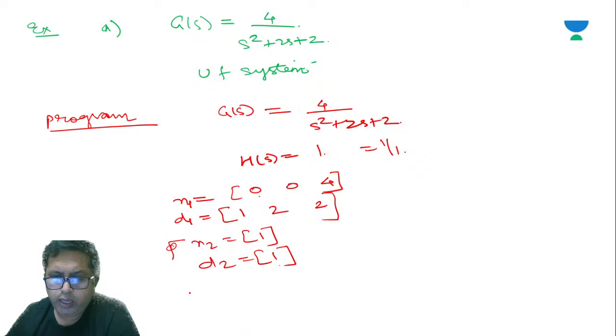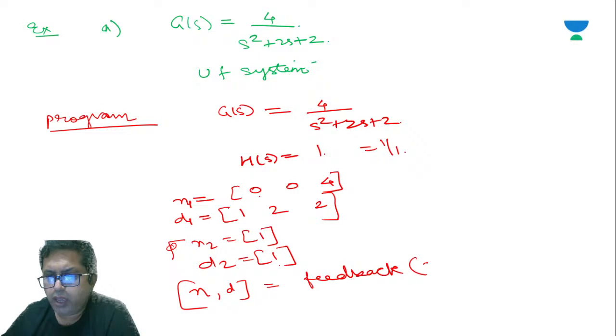Then I can write N comma D is equal to feedback of N1 comma D1, N2 comma D2. This is the feedback system. This is the program.